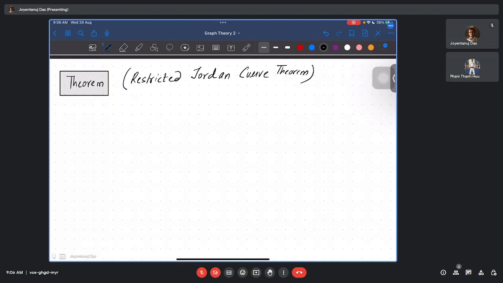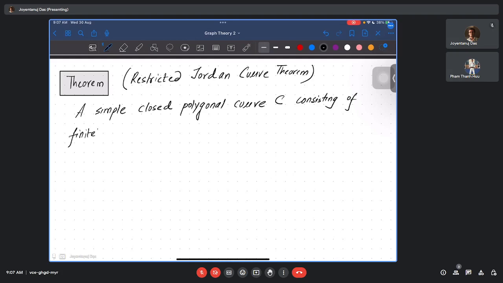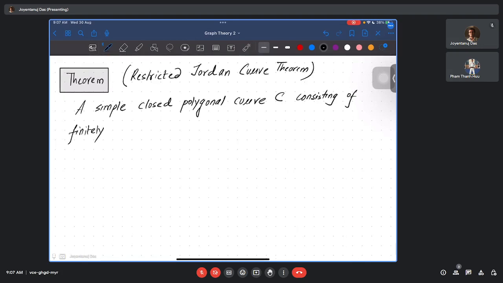The statement is: a simple closed polygonal curve C consisting of finitely many segments partitions the plane into exactly two faces.